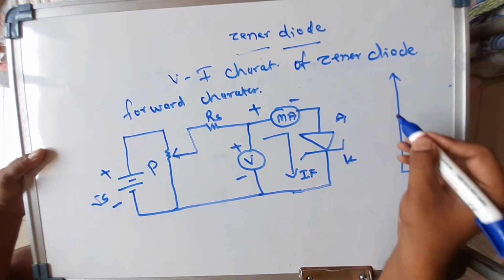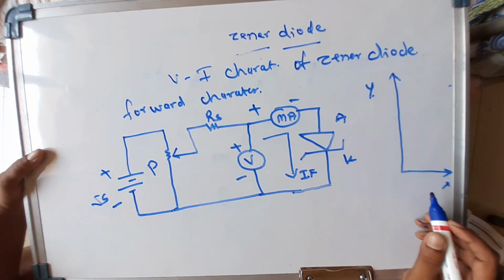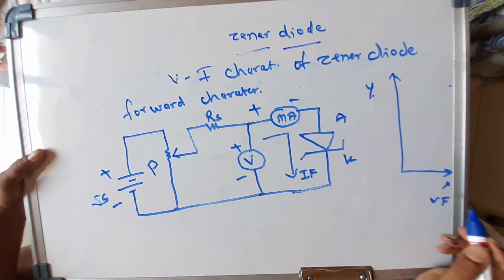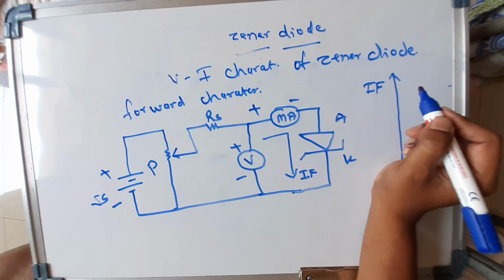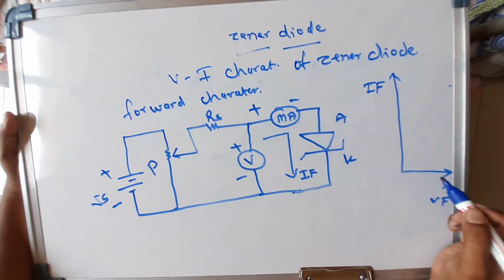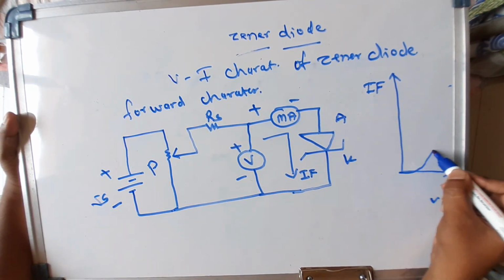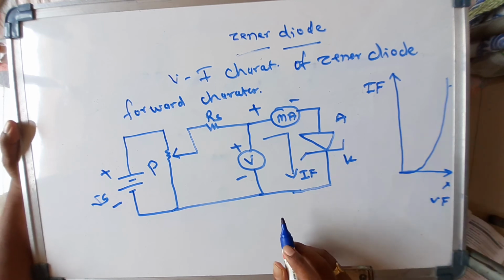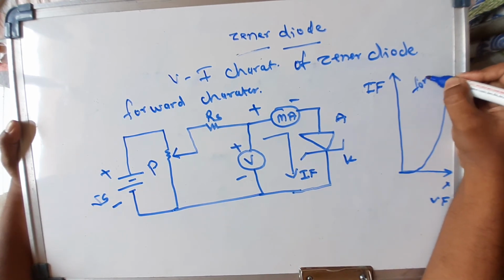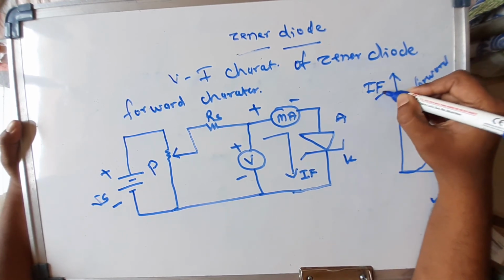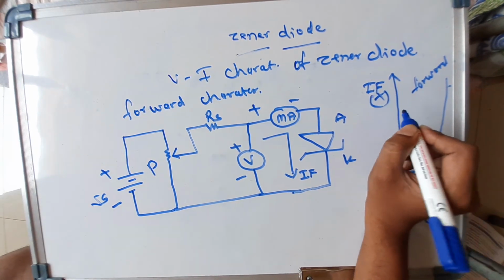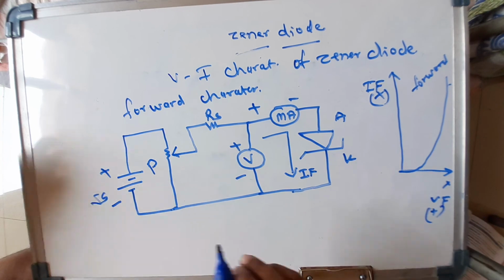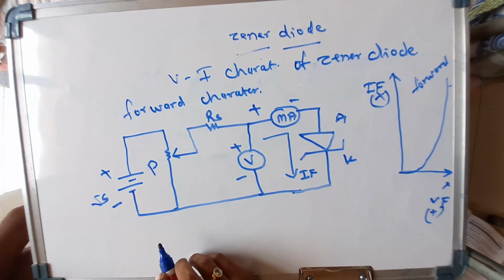This is X, this is a Y. On X-axis we have VF, and on Y-axis we have IF. So the graph is like this one. This is a forward. Both are positive. That is, current is positive, voltage is also positive.